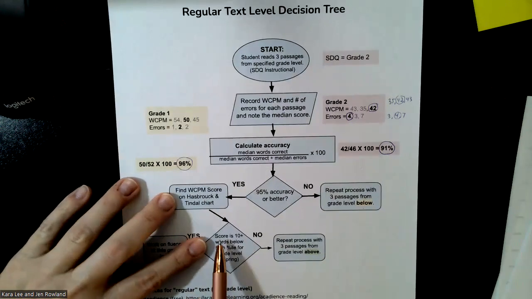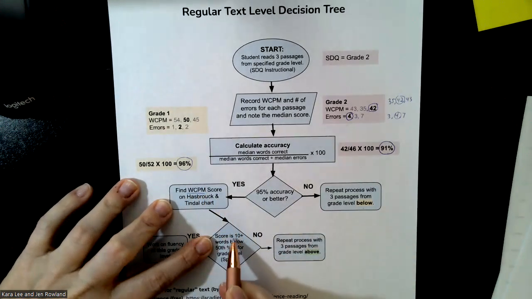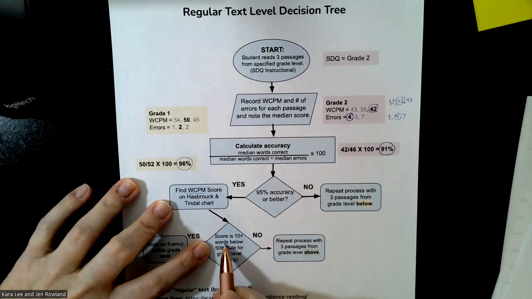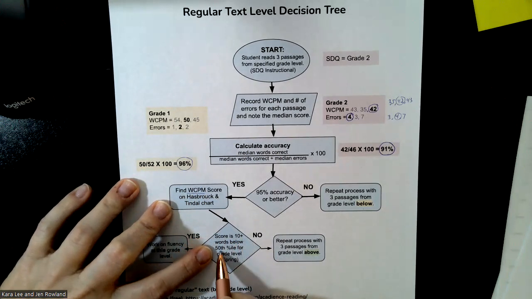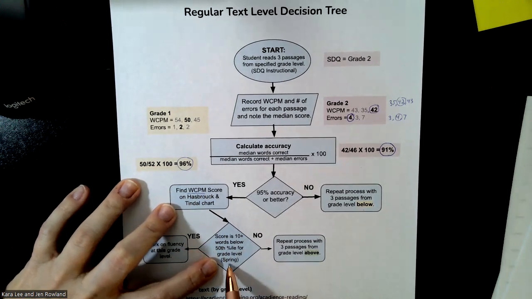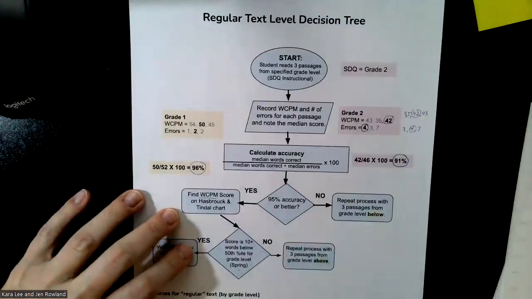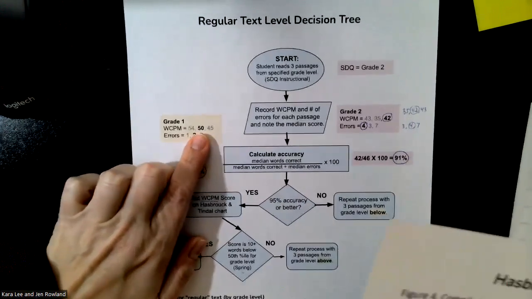And it says the words correct per minute score is 10 or more words below the 50th percentile for that grade level in the spring. Okay, so my words per minute was 50, right?